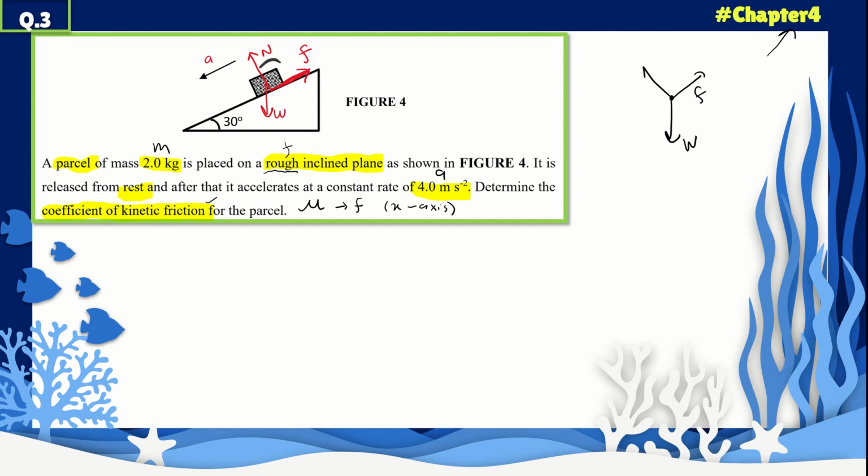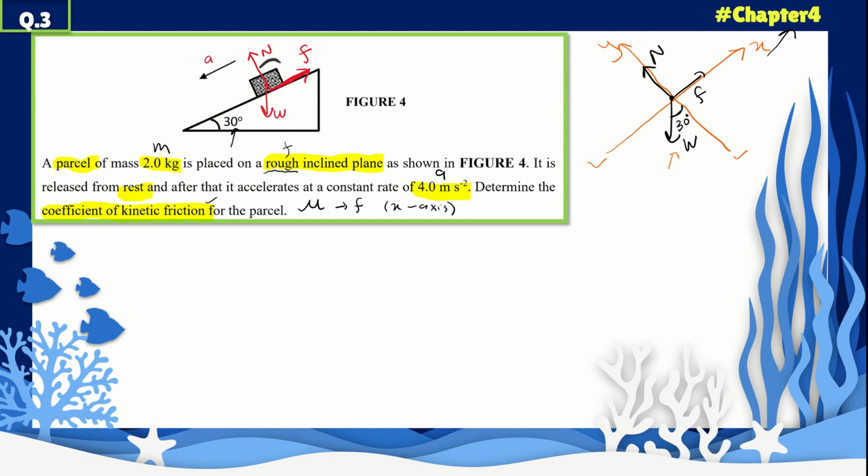weight, normal. With this free body diagram, we know that we need to resolve weight because we want to make sure that everything is in x and y axis. So we are placing our angle. So the angle of 30 degrees here is going to be similar with this position.